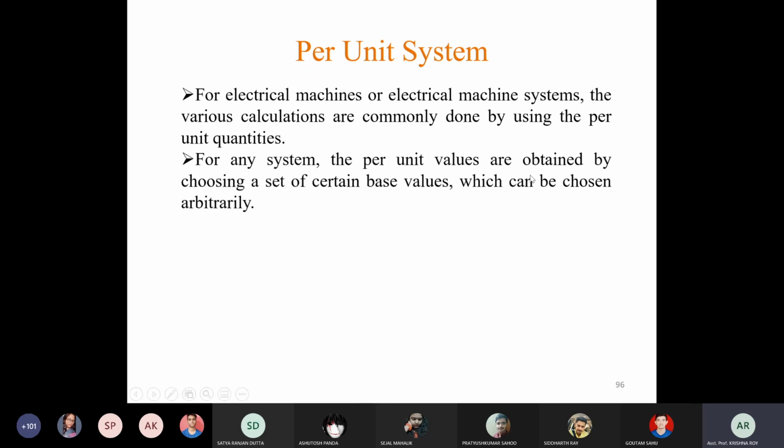For any system, the per unit values are obtained by choosing a set of certain base values which can be chosen arbitrarily. Now what are these base values?